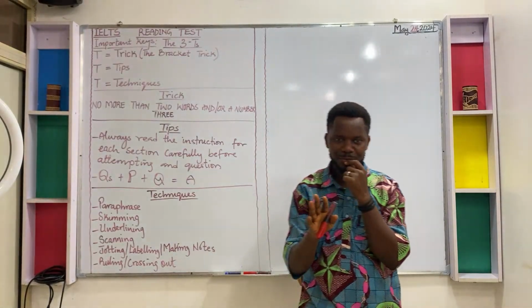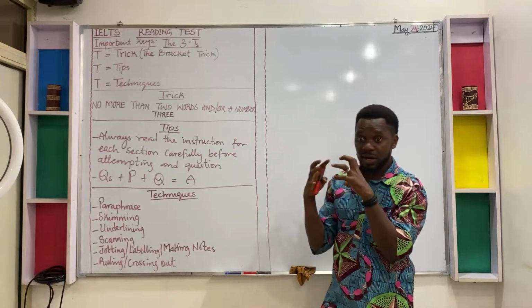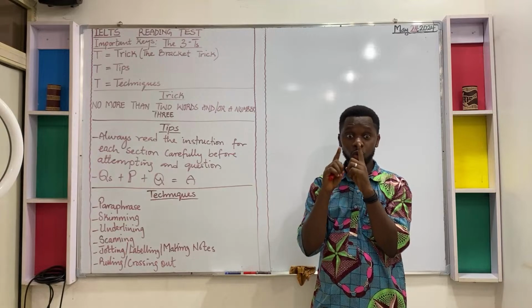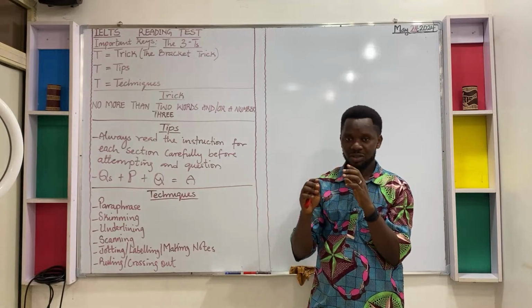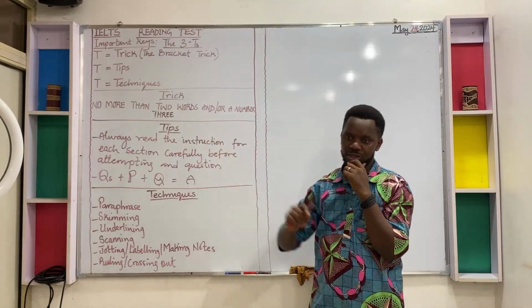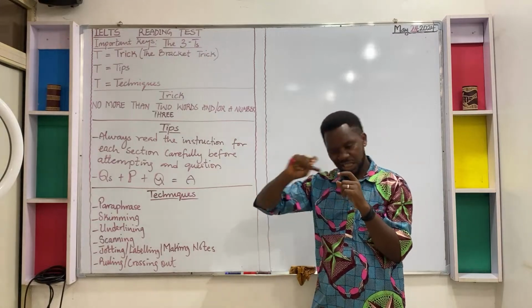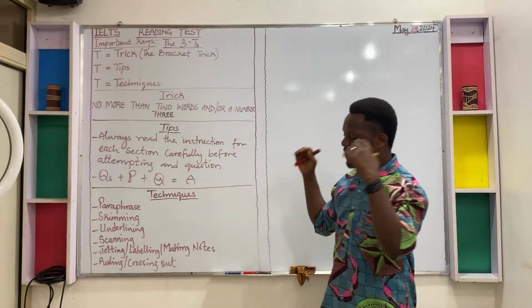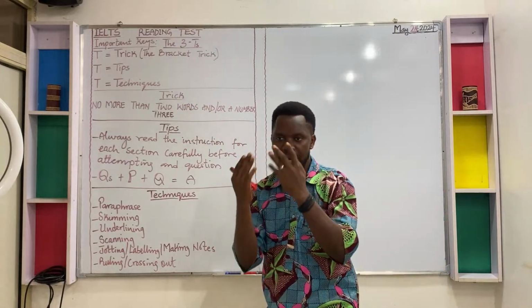Does this make sense? When you read a paragraph, there is information that paragraph is passing across. So in your own words, quickly give a tag or a title beside it. It's the easiest way to treat matching headings.